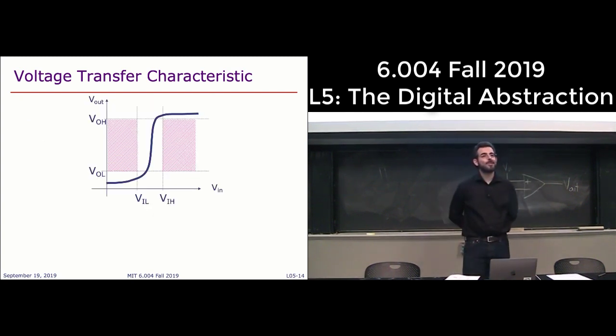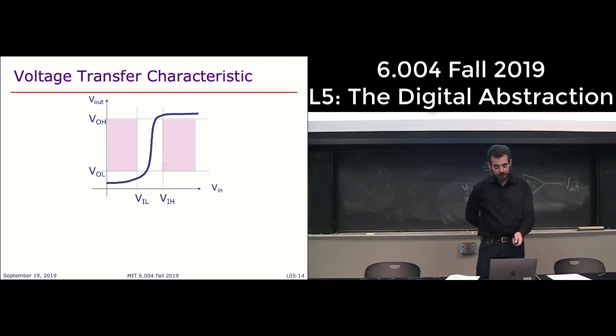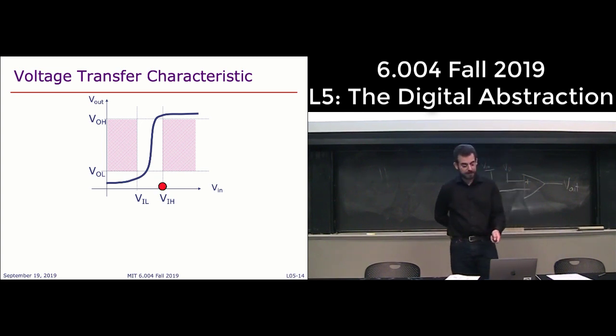this has some implications on what we demand from the device, and specifically, note that the height of this white rectangle in the middle is by force larger than its width, right? And that's because VIH minus VIL, that is the width, must be smaller than VOH minus VOL.